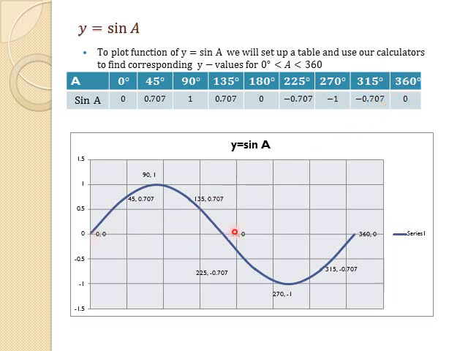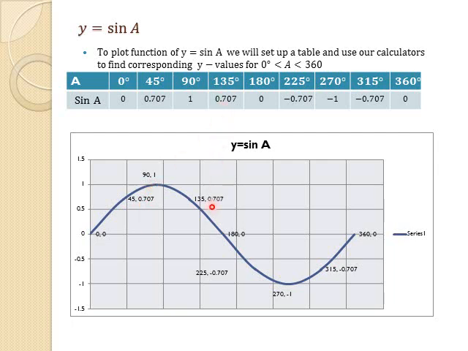Now I haven't set up my Cartesian plane properly, but there's my y values going 0, 0,5, 1, 1,5. This here should read 0, 45, 90, 135, 180, going in that order, right? So if I plot, there's 0 and 0, 45, 0,707, 90 and 1.